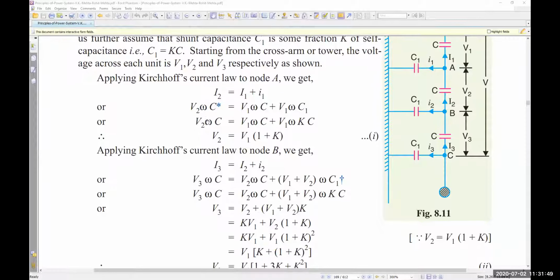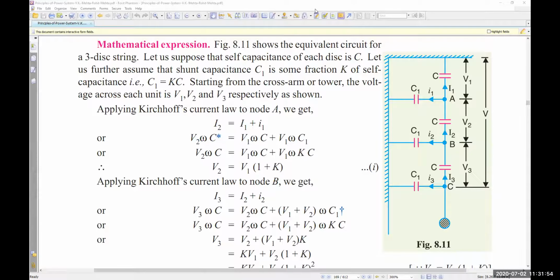So you have V2 omega C and I1. What will be the small I1? We know capacitance, we know current. What is the voltage here? V1 omega C. Why? See, this point is common.